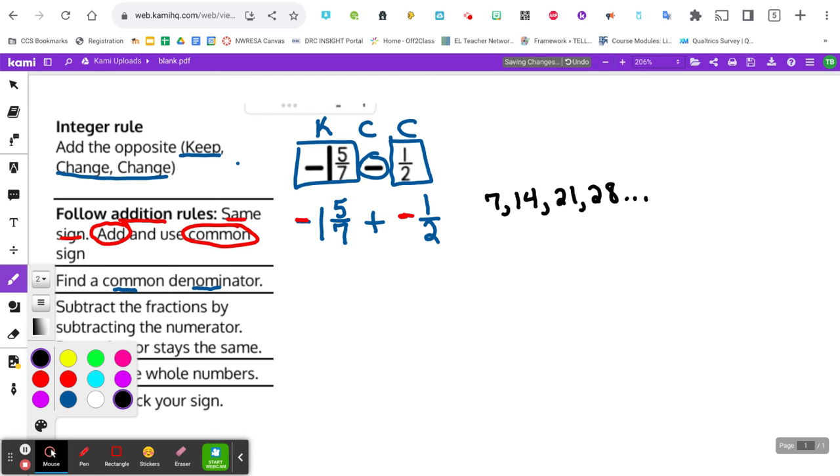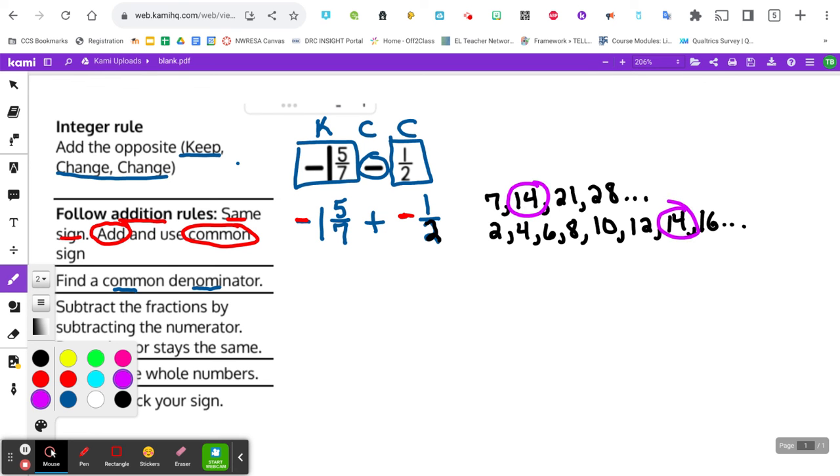Let's list the multiples of 2. 2 times 1 is 2, 2 times 2 is 4, 6, 8, 10, 12, 14, 16. Okay, so what we are looking for is the first number that we find in both those lists. And the first number that we find in both lists is 14, of course.